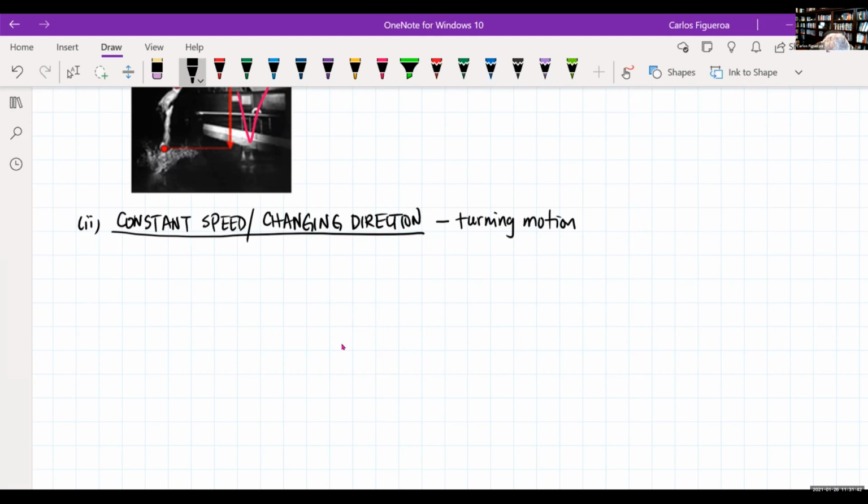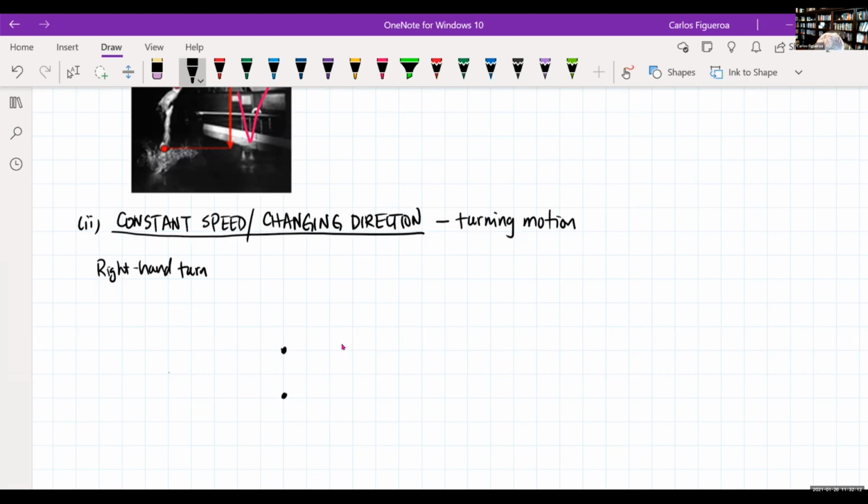So you could imagine that if I'm going to make a right-hand turn at a constant speed, then the spacing between my dots should be roughly the same. So I'm going to try to make that length always be the same as I'm turning.